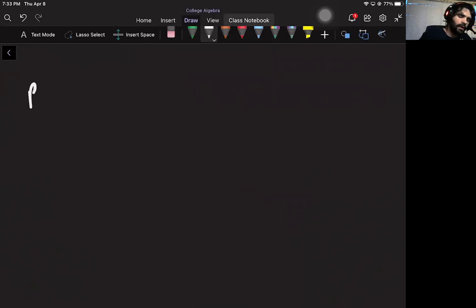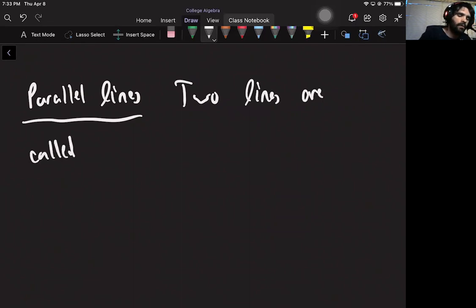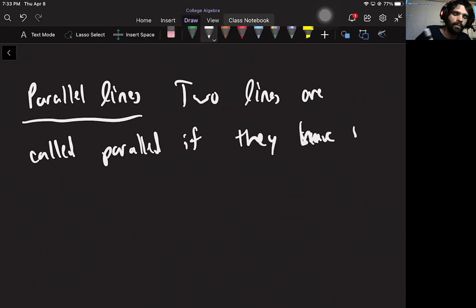Now what we want to do is look at a few interesting types of lines. So parallel lines are the first interesting type. So 2 lines are called parallel if they have the same slope m.